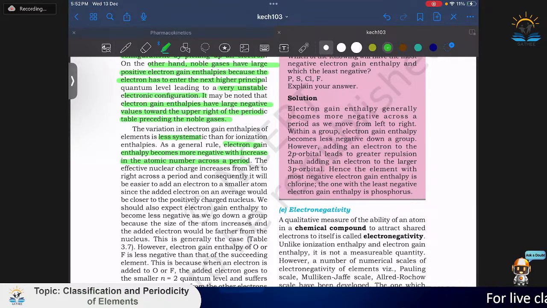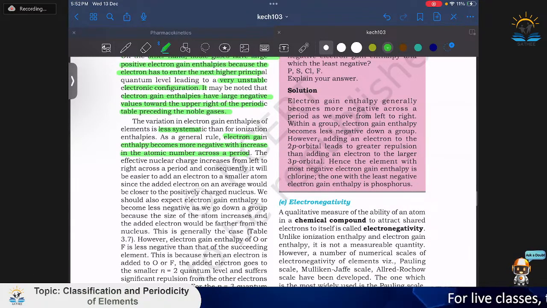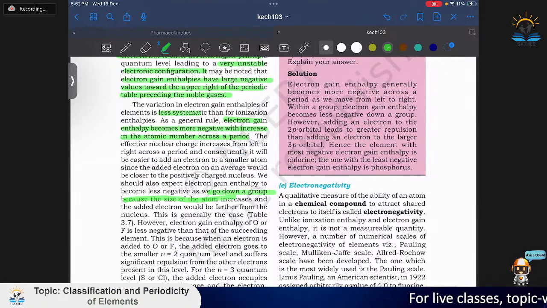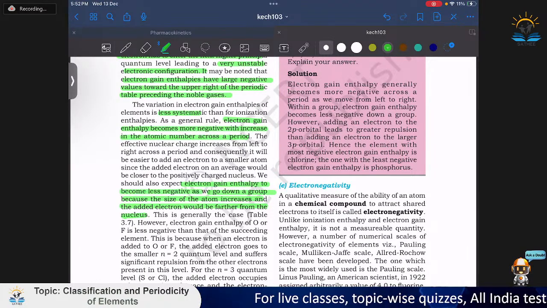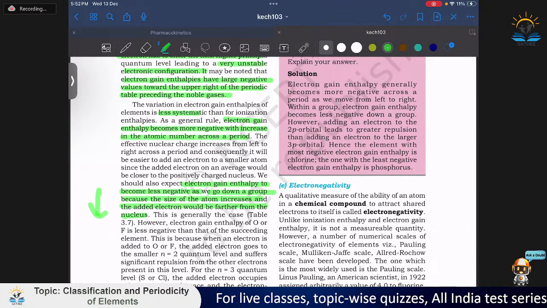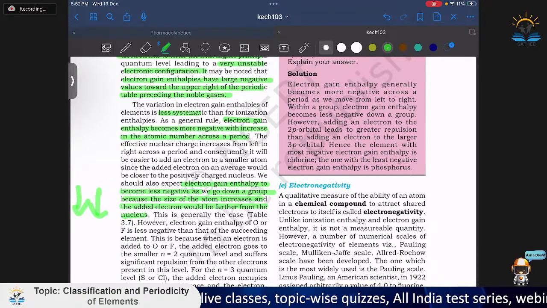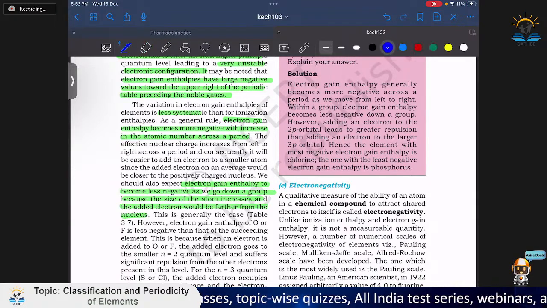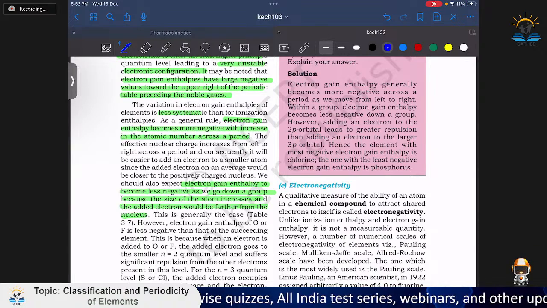Okay. Down the group, because the size increases and the added electron would be further from the nucleus, the electron gain enthalpy becomes less negative. So it basically decreases down the group. This is acceptable because it will be further from the nucleus and it will lead to release of less energy.